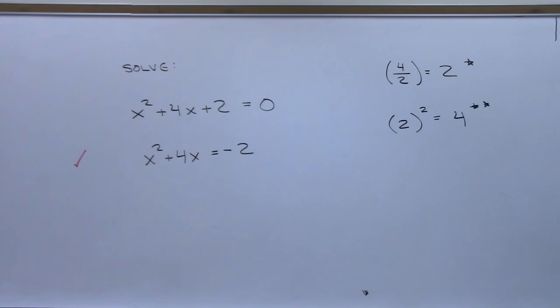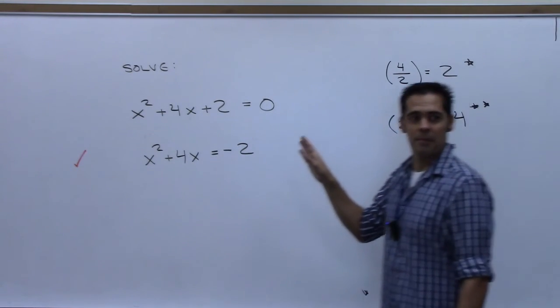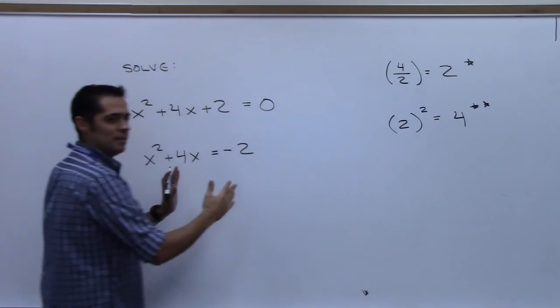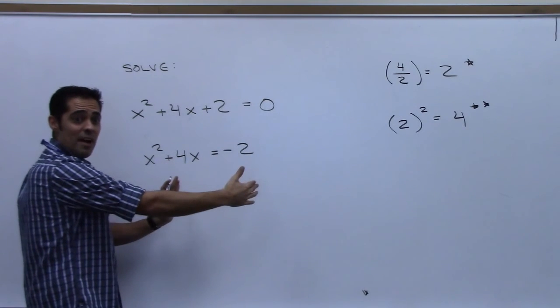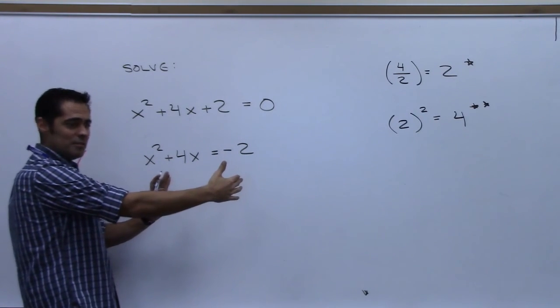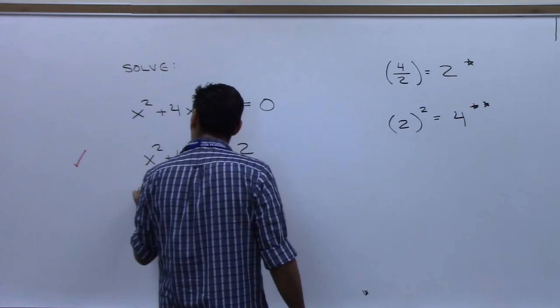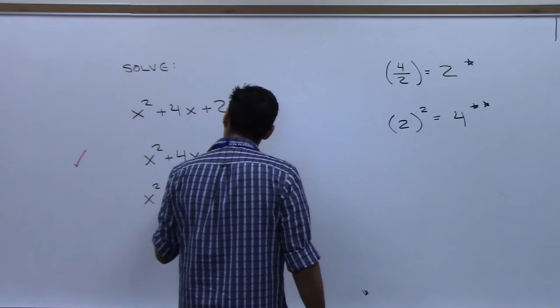Is this ringing a bell? No? Anyone remember what to do with the 4? You add it to both sides. Y'all remember that? So you take it and you add 4 to both sides.